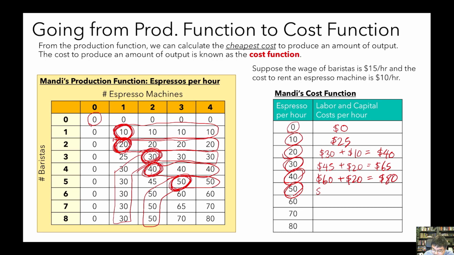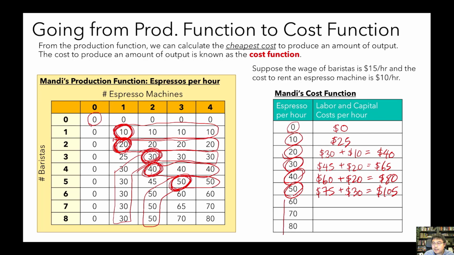So 5 baristas would be $75 per hour, and 3 espresso machines would be $30 per hour, and so that would be $105, right? Okay, and so you can figure out 60, 70, and 80 on your own.